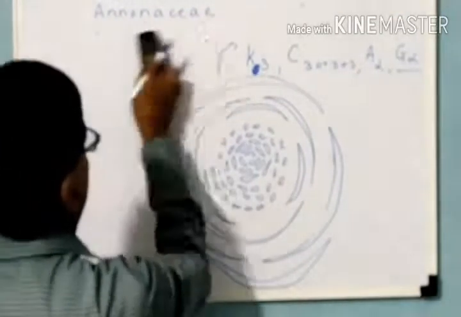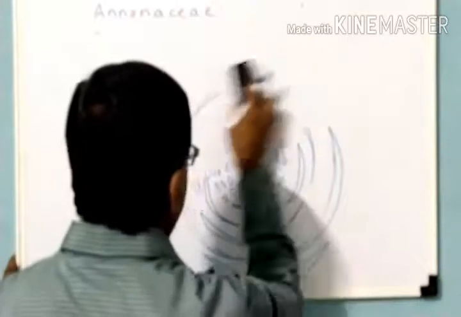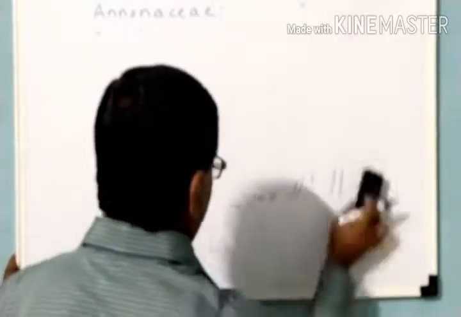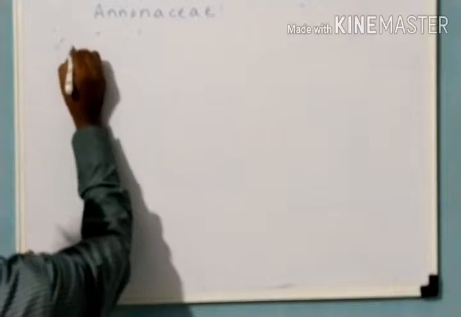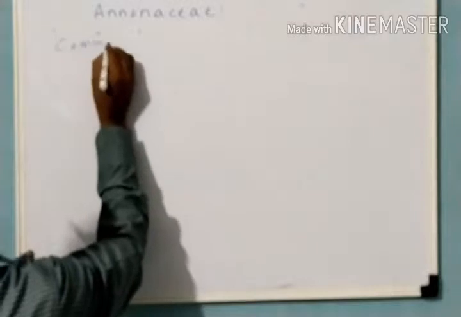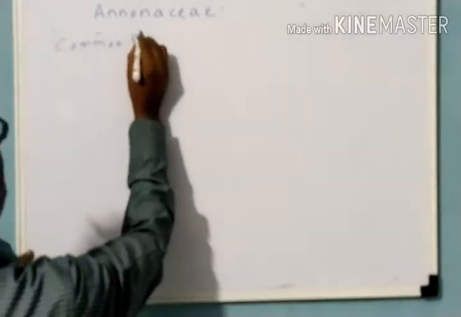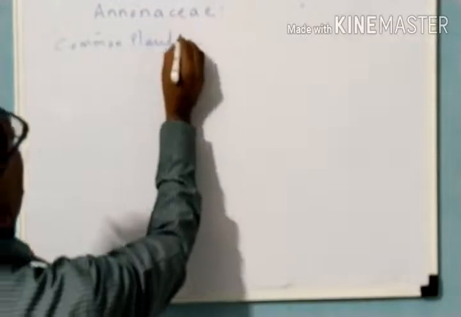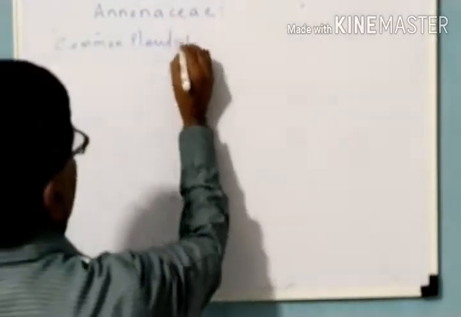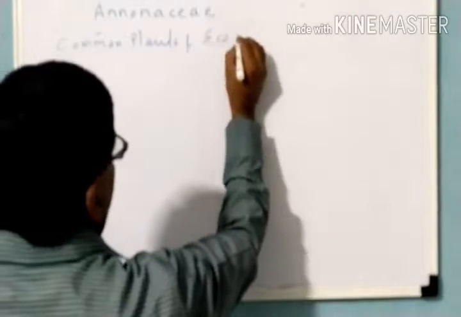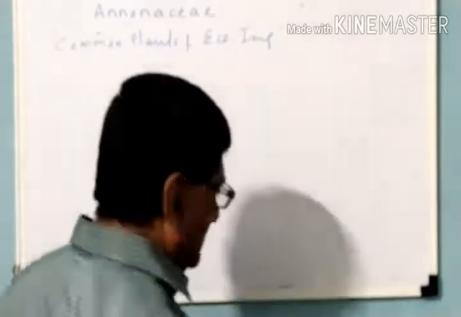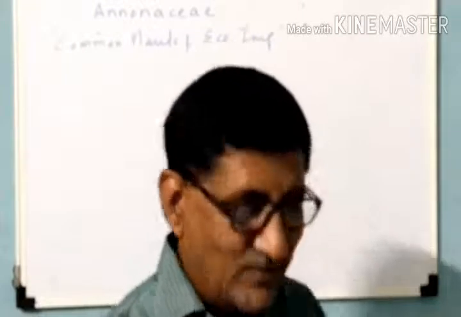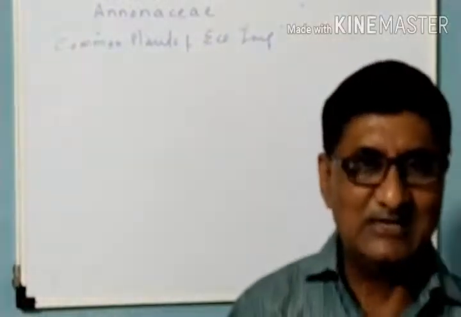Now we are going to see the last point about this particular family, and that is common plants and economic importance. This particular family is also called the family of wood apple or custard apple.